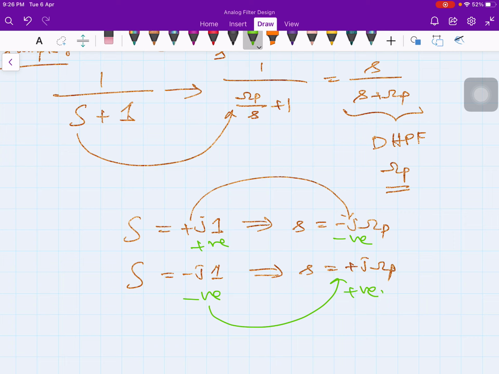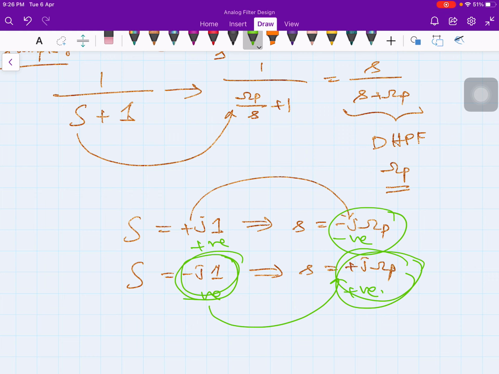It is not a matter of concern. Why? Because if capital S equal to plus J gives small s equal to minus J omega p, and if capital S equal to minus J, then small s equal to plus J omega p. Therefore, capital S equal to minus J1 gives positive frequencies.